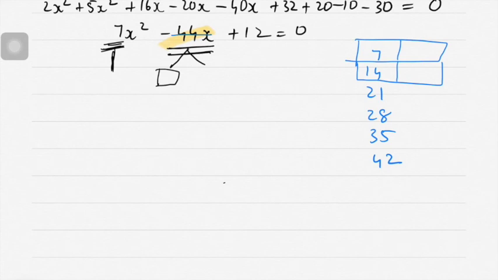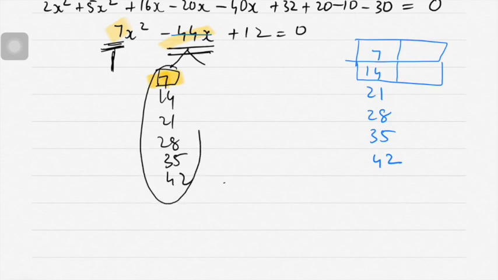So this minus 44x I want to divide in such a way that the total has to be 44 and the first number should be a multiple of 7. Multiples of 7 are 7, 14, 21, 28, 35 and 42.